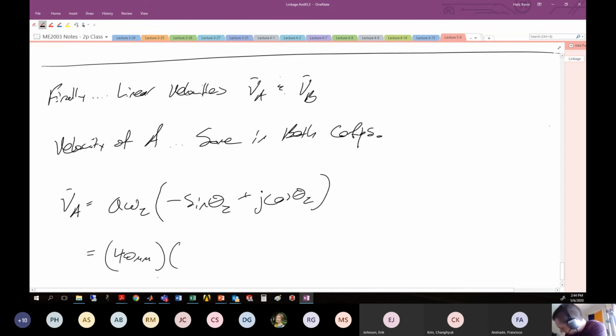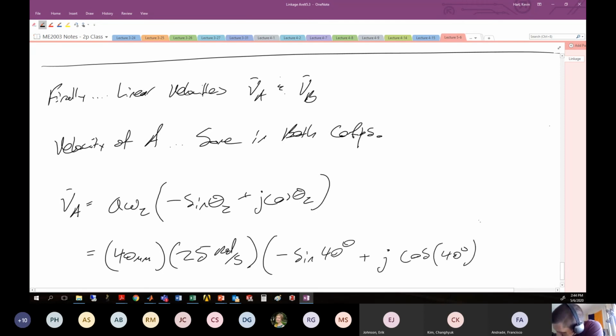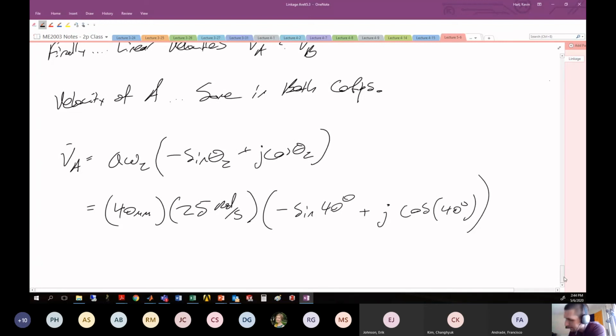Omega 2, given in the problem, is 25 radians per second. Multiplied by the complex direction, negative sine 40 degrees plus j cosine 40 degrees.